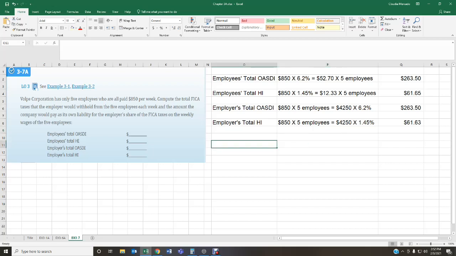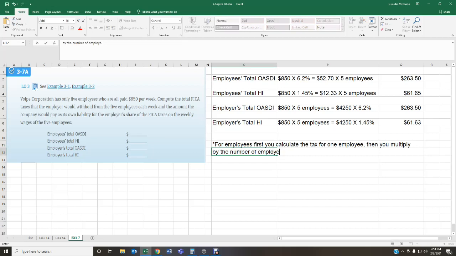For the employees, first you calculate the tax for one employee, then you multiply by the number of employees. This is assuming all employees get paid the same amount, which is the case here. They're all getting paid $850.